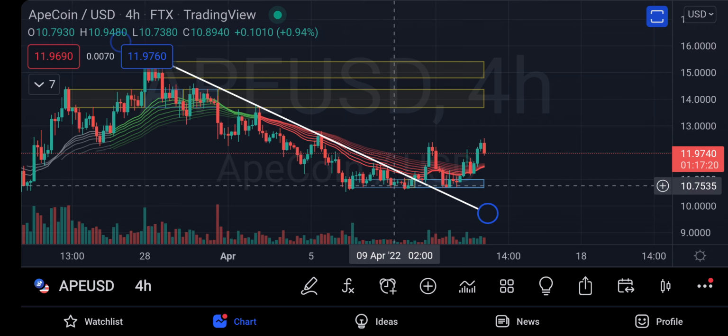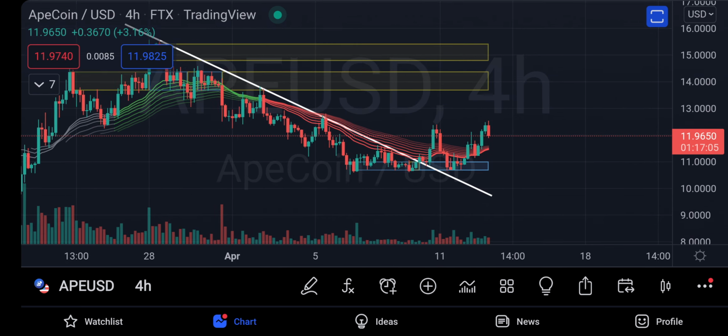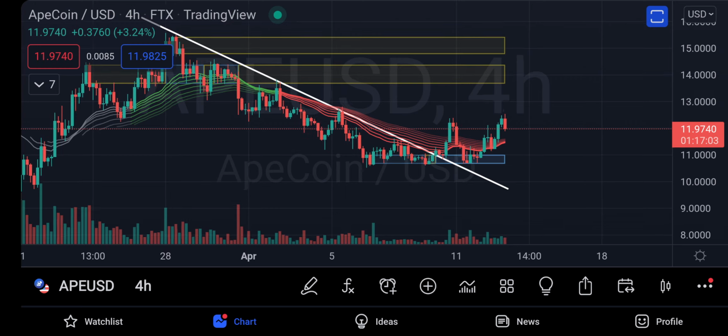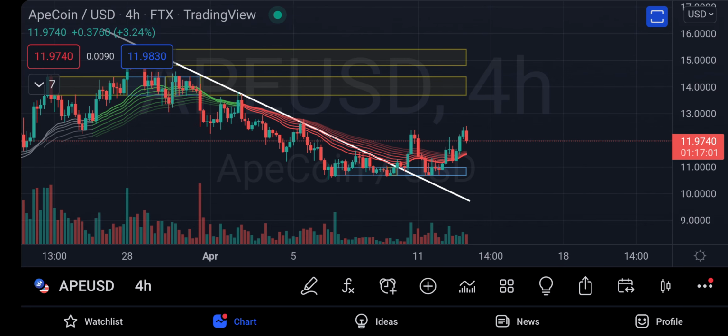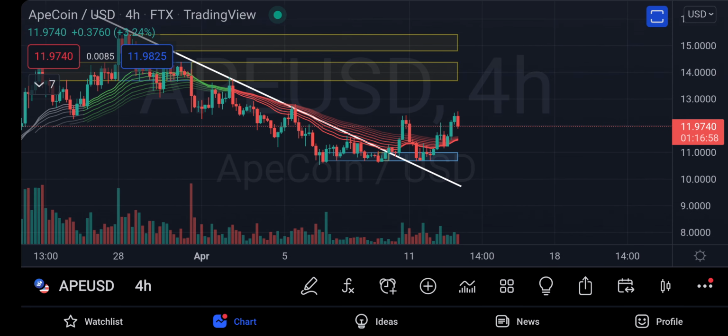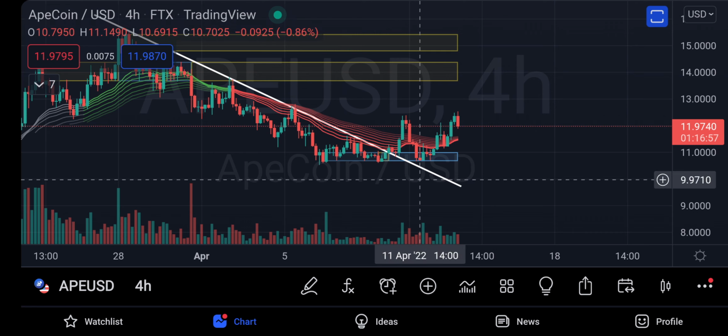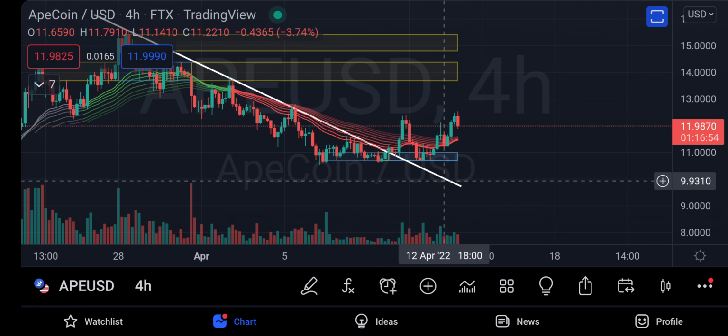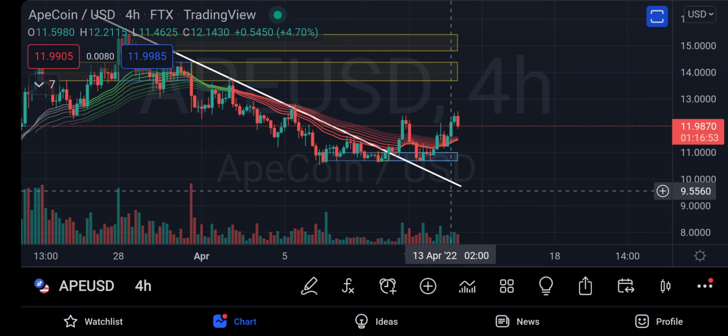Or if this does not hold, then the next one would be this blue box here between 10.69 and 11. So this is the second support that should hold for Apecoin. If this also does not hold, the next one would be again this resistance line that finally should flip into support.